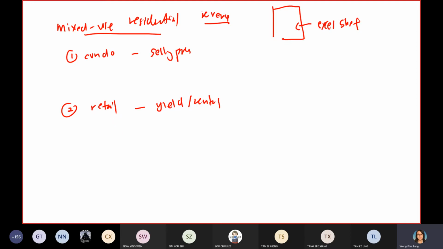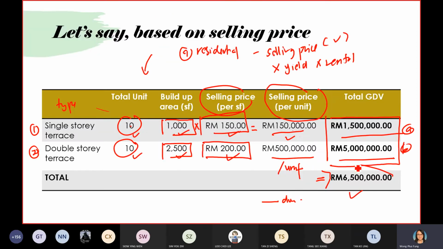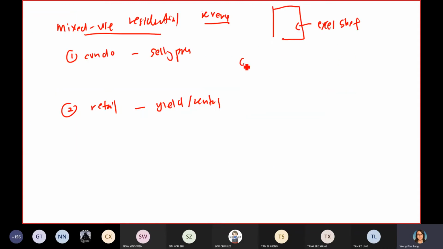So let's say the condo, you calculate already, you get 6.5 million. Then another part is you have retail. So retail, you actually collect rental, you assume you collect forever, you base on yield.